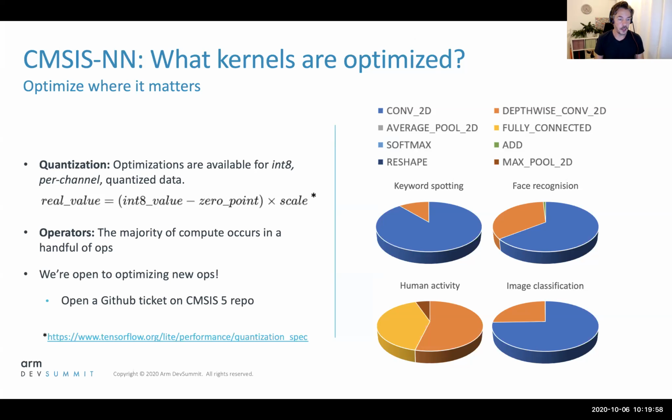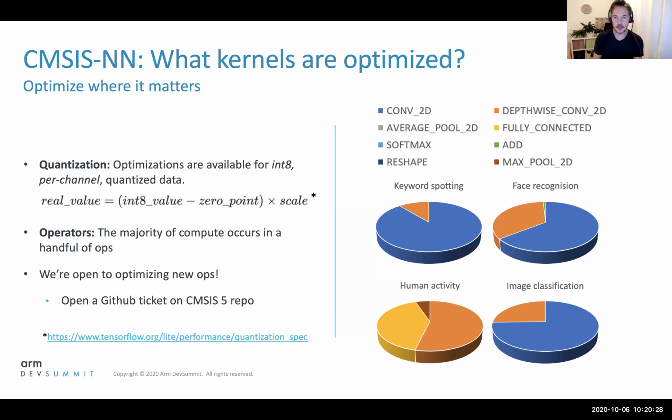All right, then operators. On the right-hand side, we have 4 pie charts. These are 4 representative networks out in the wild, representing speech recognition, face recognition, human activity recognition, and image classification.